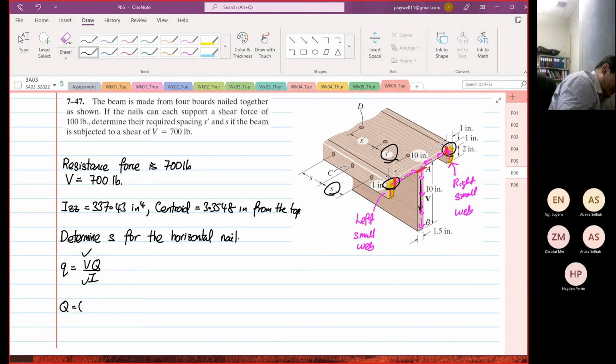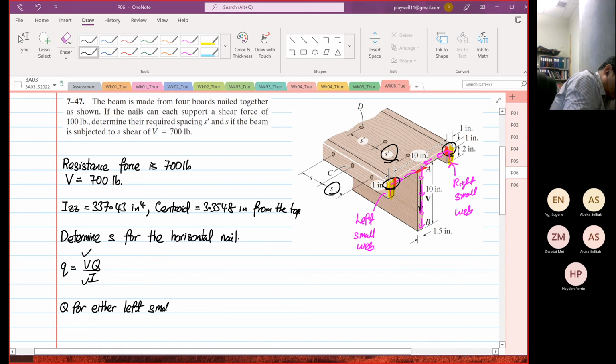So Q for either the left small web or the right small web, either.